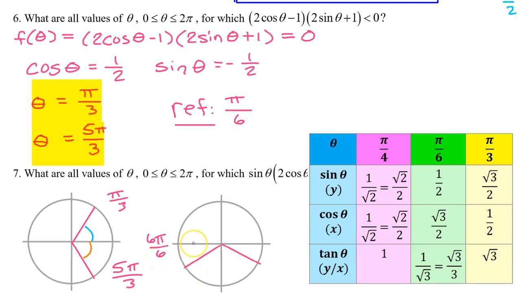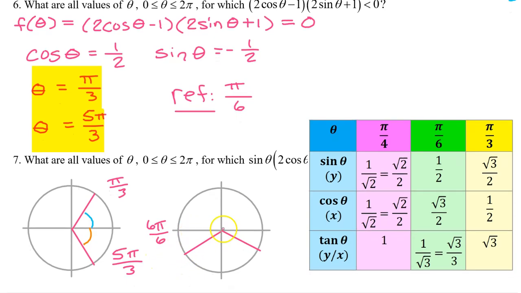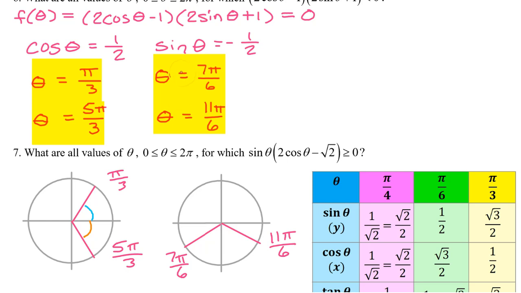So this angle in the third quadrant is 7 pi over 6. We can think of 2 pi as 12 pi over 6. So this angle in the fourth quadrant must be 11 pi over 6. We just found 2 additional values of theta at which f is equal to 0.